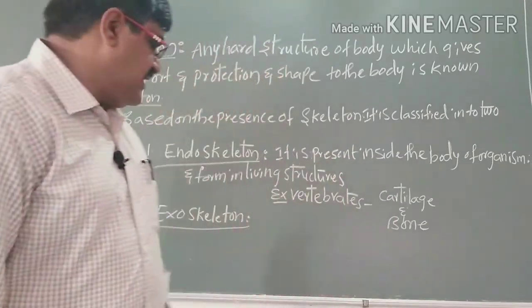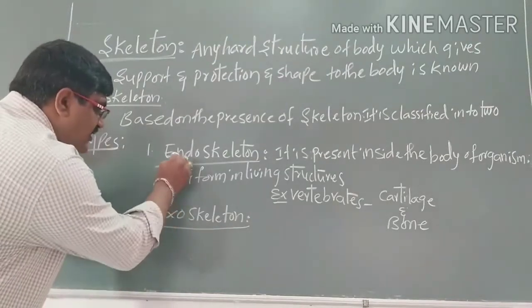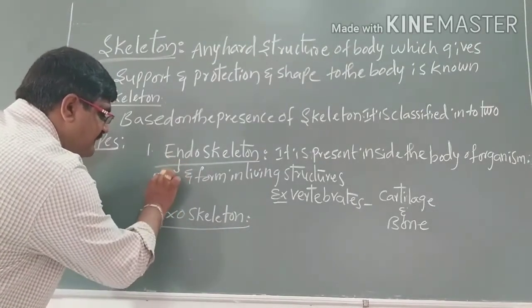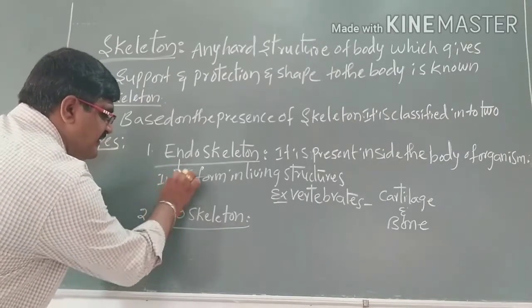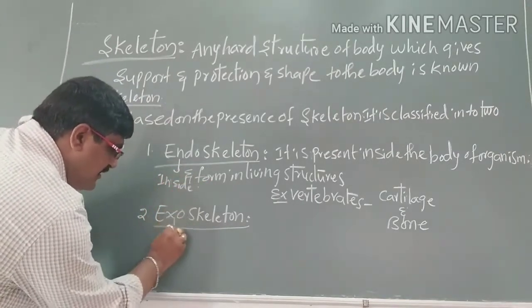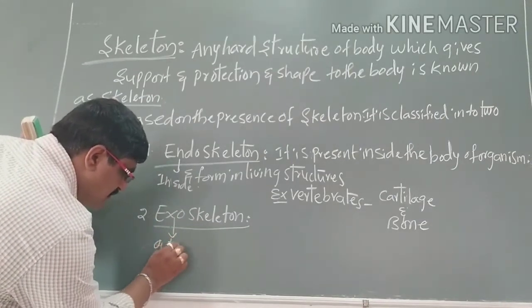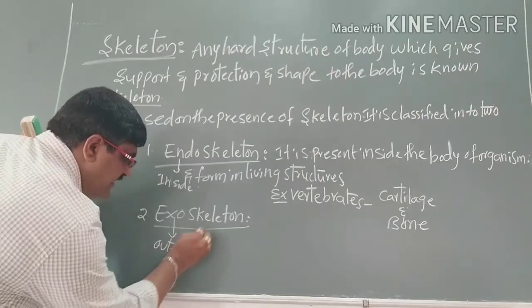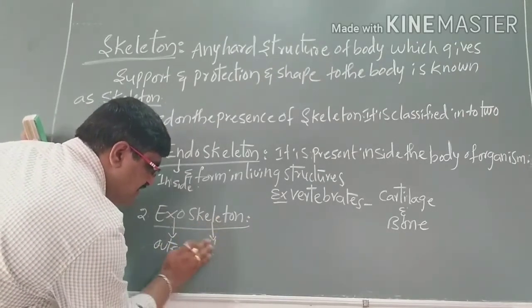Next, coming to the exoskeleton. Endo means inside, whereas exo means outside. Exo means outside, skeleton means hard structure.